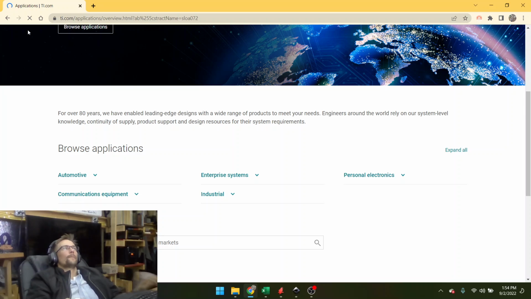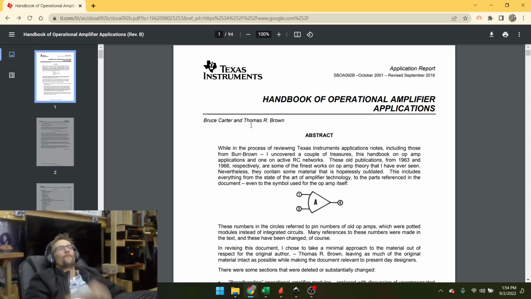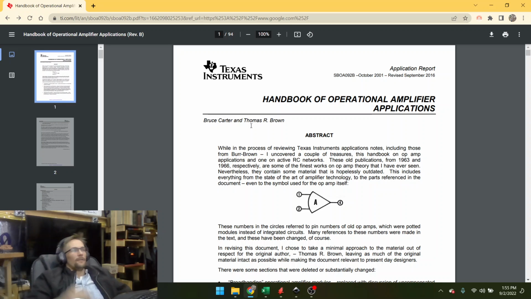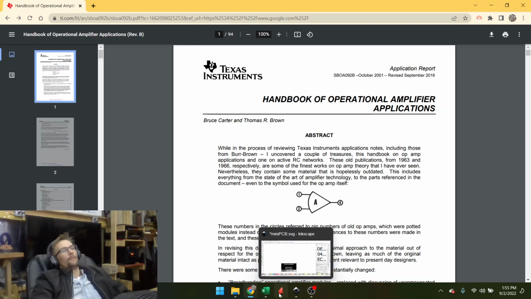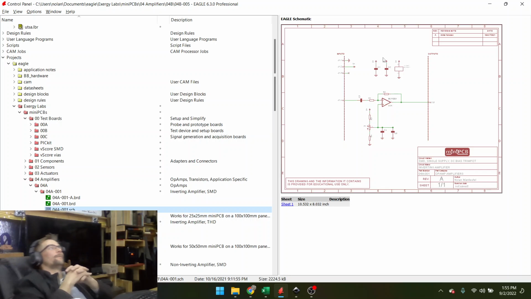Well, anyways, really good read. And it's what I'm going to, well, you know, so I'm going to make an op amp amplifier.